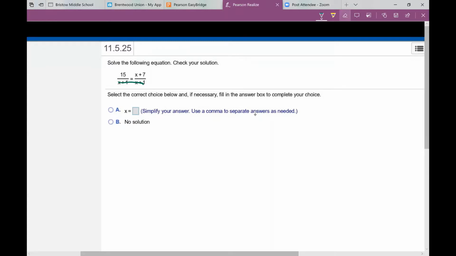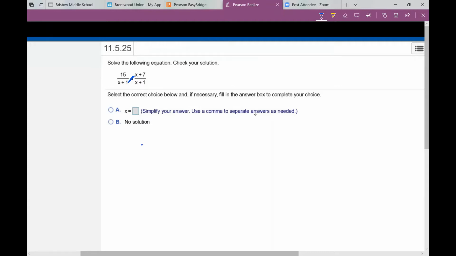So if you were doing that method, you would continue to get it wrong in Digits because this actually has two answers. And the reason why it has two answers is because if we cross multiply right here, you're going to get an x times an x, which is x squared, which means two answers when you have an x squared.